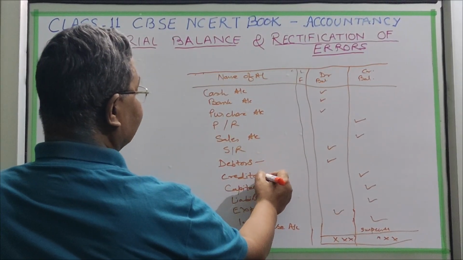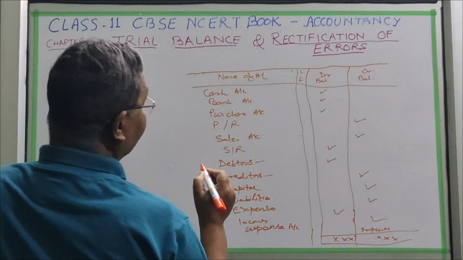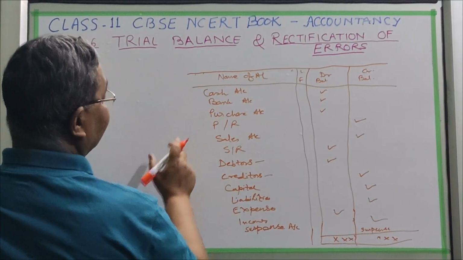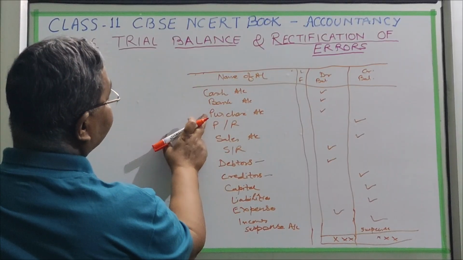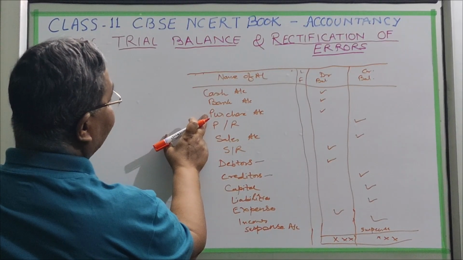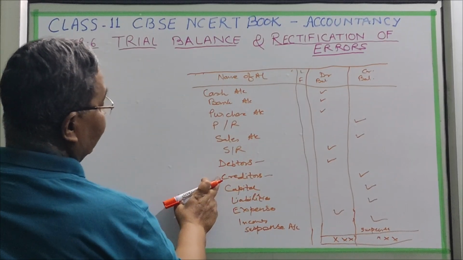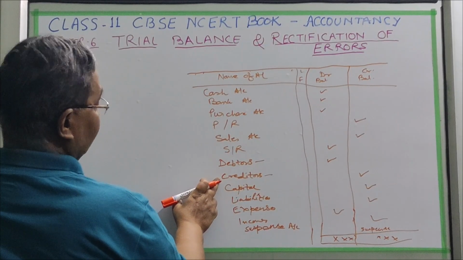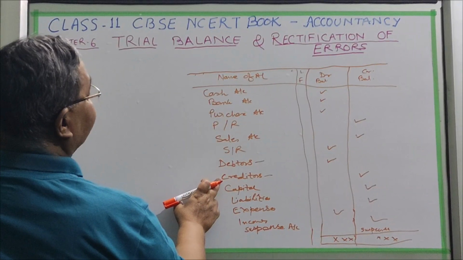So in this way, from where these debtors and creditors are coming, we have the sales ledger and purchase ledger. Suppose all purchases make one entry to the creditors account. So those all creditors are here.